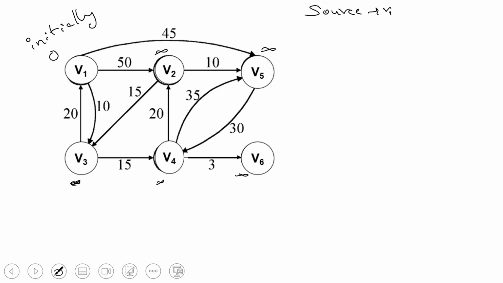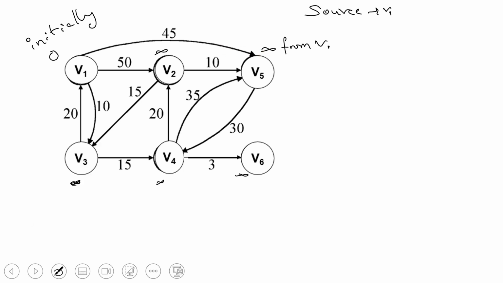Now we'll take v1 first, as v1 is the source node. From v1, see all the vertices which are directly connected. I hope you understand. Which vertices are directly connected to v1? It's v1 to v2, v1 to v3, and v1 to v5. We don't have v1 to v4 directly connected.